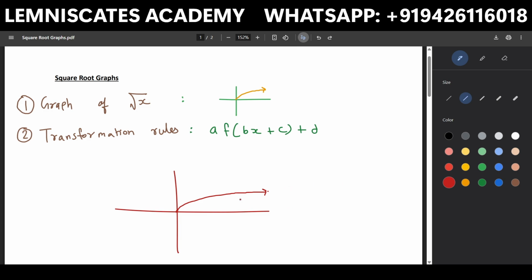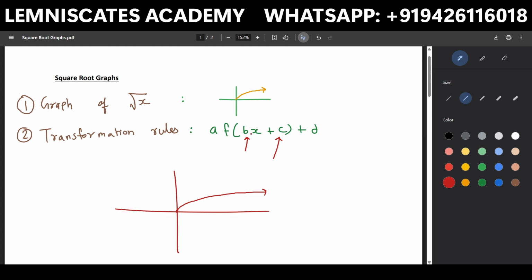Now after this, you can manipulate this graph using the transformation of functions rules. Outside the f, this is your stretch factor and this is the translation. Inside the function, 1 by b is your stretch or compression factor, and minus c is your translation.